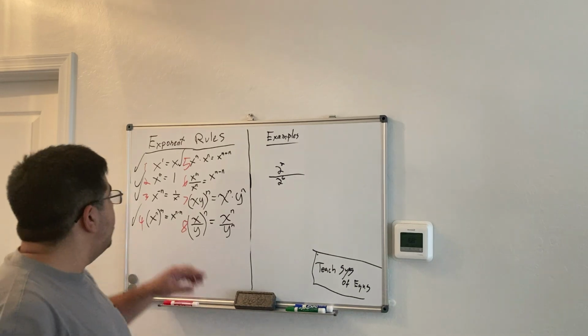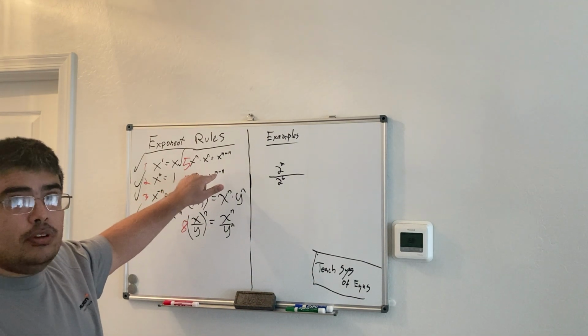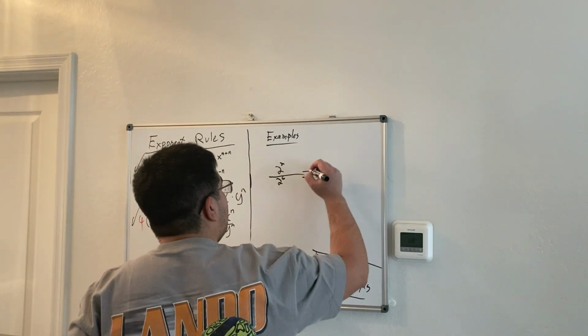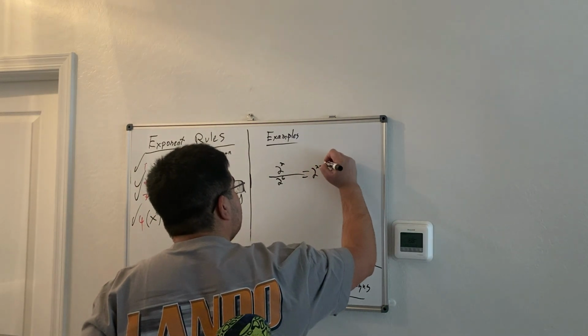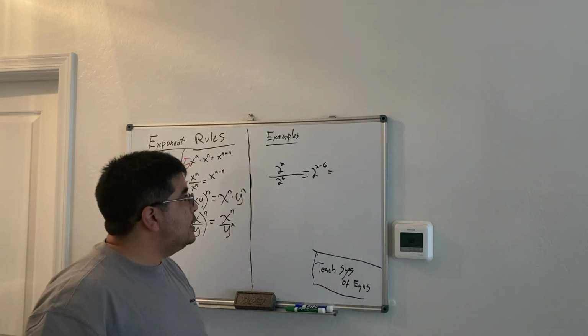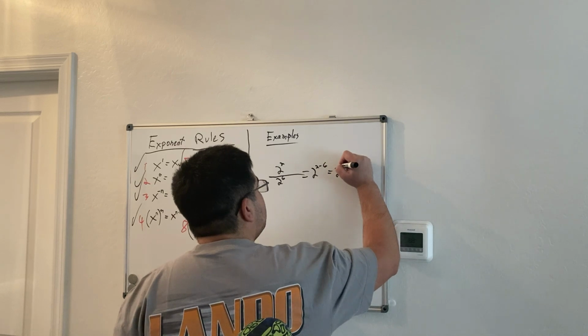What do we do here? Rule number 6. We subtract the exponents. So this will be 2 to the 2nd power minus 6. And 2 minus 6 equals negative 4.